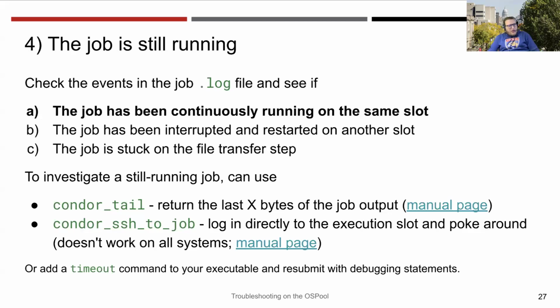So if you're able to identify a specific site that seems to be causing these issues repeatedly, we'd really love for you to shoot us an email and let us know, hey, I've been getting a lot of OSDF slow transfer holds on this site, and we can probably send you how you can exclude that from your job as a workaround.